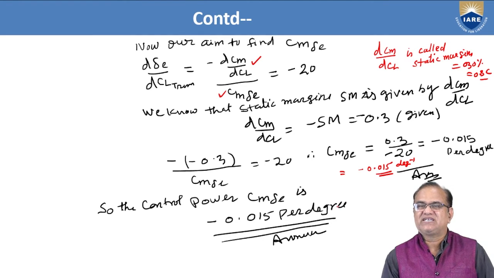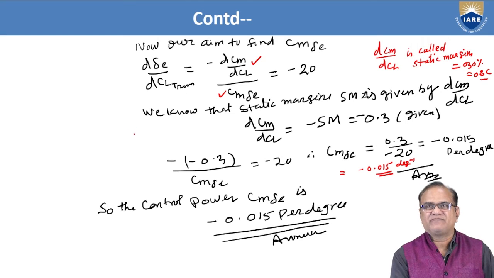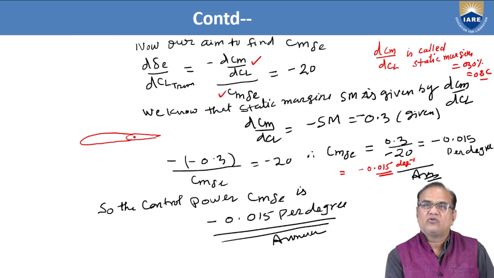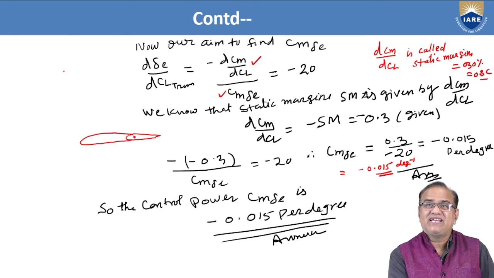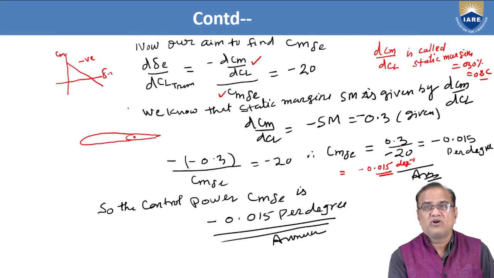We need to deflect down. If you see here, this is the horizontal tail and this is your elevator. It is hinged here. So your Cm delta E should be negative. This is the Cm and this is the delta E. It should go like this, meaning a negative slope.